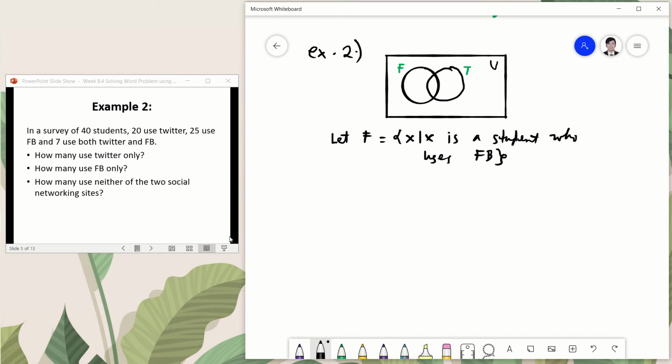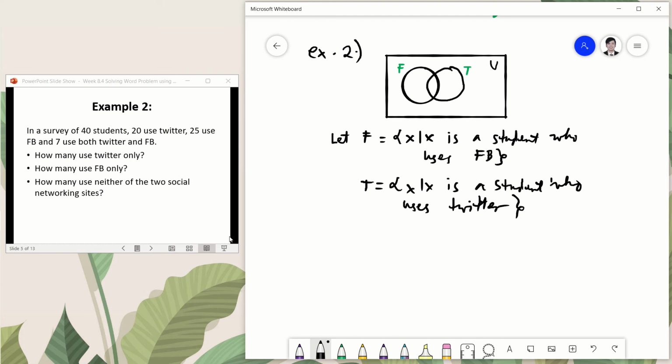And for T, it's for Twitter: X such that X is a student who uses Twitter. By the way, you have to really pay attention because this is how you will do your performance task. So that gives you an idea of what you're supposed to do.